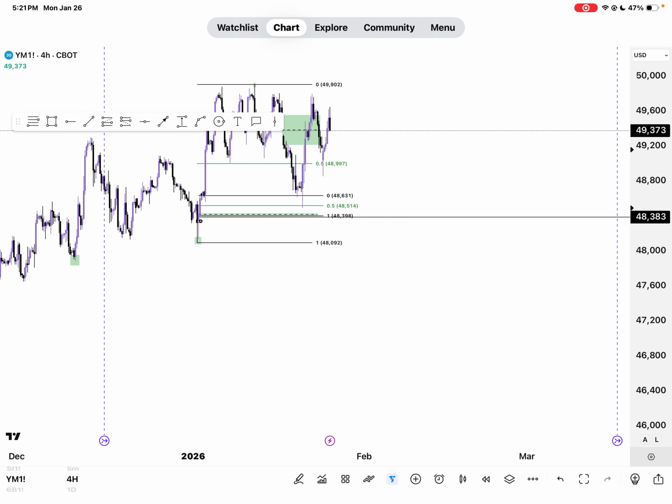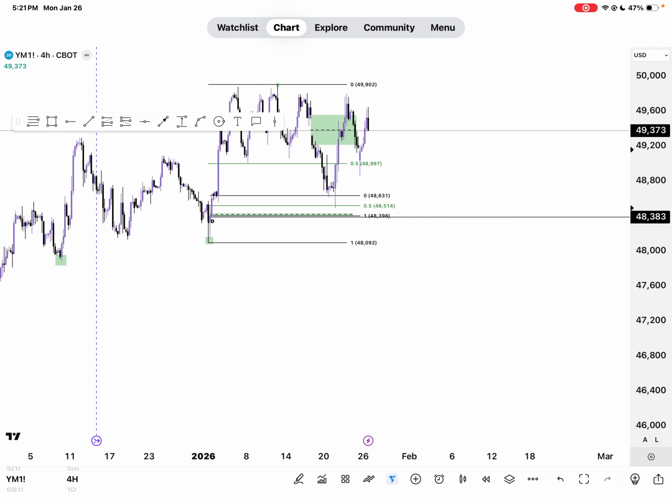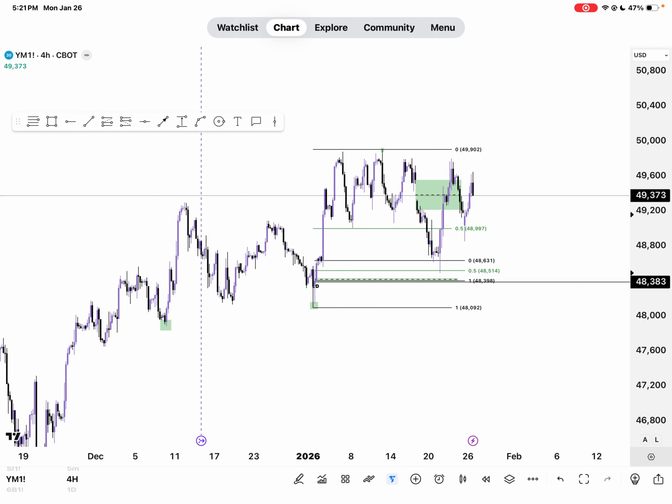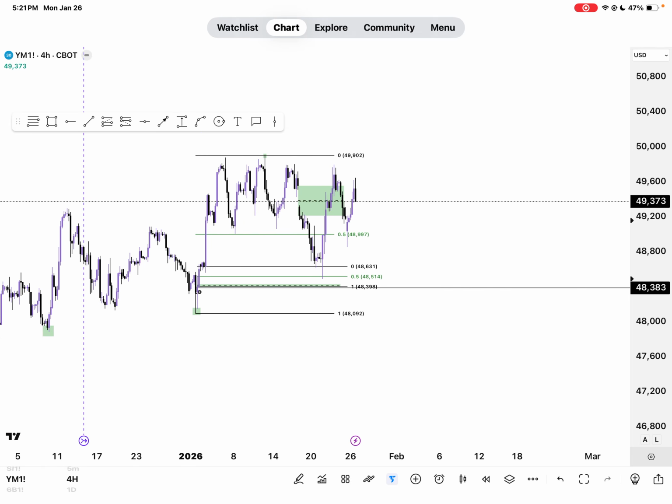And then we move on to the pair of pairs, the Dow Jones. Still messing around, similar to NASDAQ, inside of this range, inside of this price leg. This price leg is a lot cleaner than the NASDAQ price leg, because we have a clear structural point that was a part of a mitigation of a previous price leg, a clear liquidity point that anchors the top of the price leg, and a defined pullback.